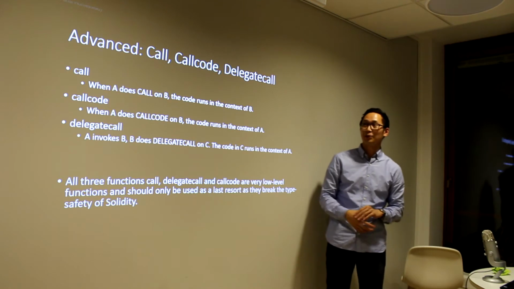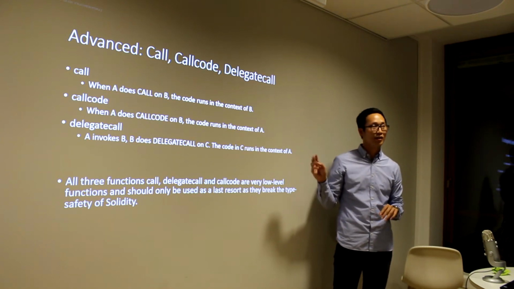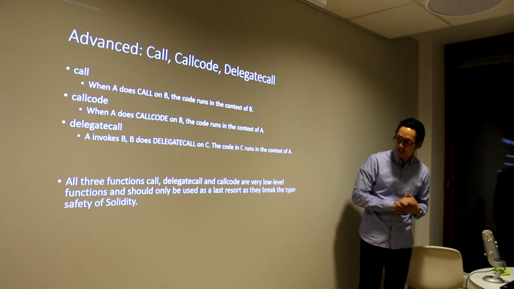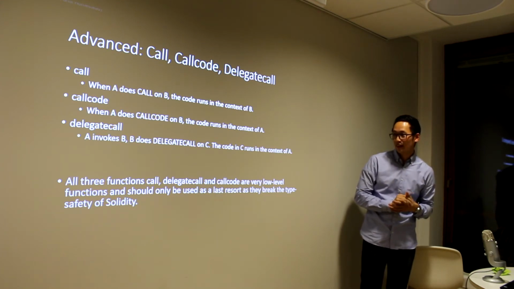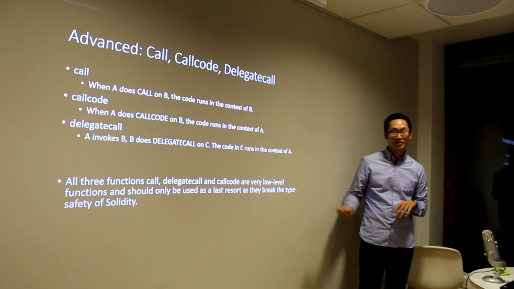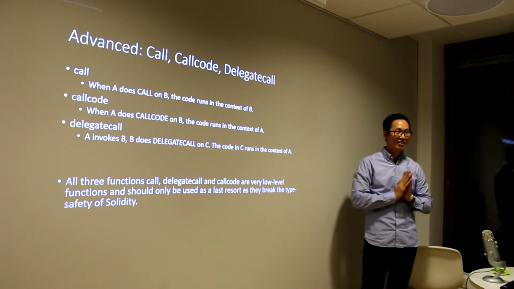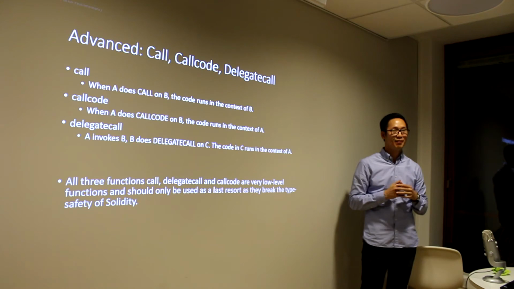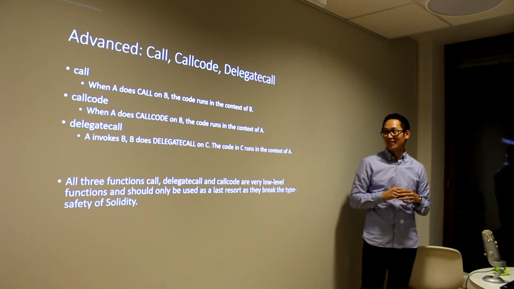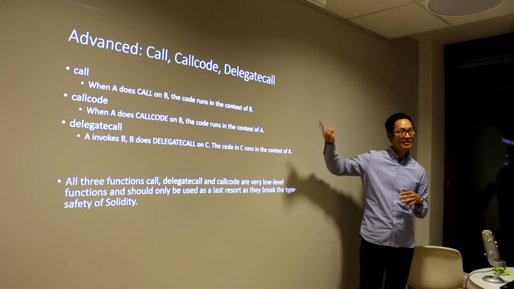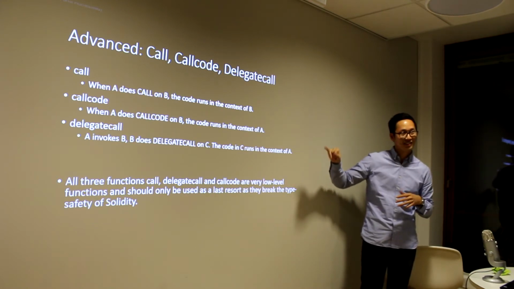And then you have those three low-level calls I mentioned before: call, delegate call, and call code. Those three calls break the type safety in Solidity. So you should never use them if you're not sure what you're doing, because many hacks have been produced because of contracts that use these three different calls.